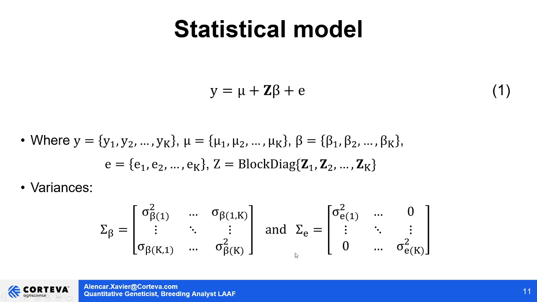For this specific model we will be working with today, we are going to assume that the residuals are independent, meaning that each trait will have its own residual variance. However, the residuals between traits will be independent, and that's a very valid assumption, because if you imagine that you're modeling individuals from various environments, there's no reason to believe that the residuals would be correlated for any reason.